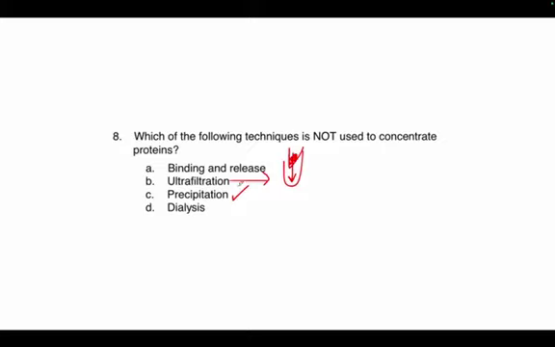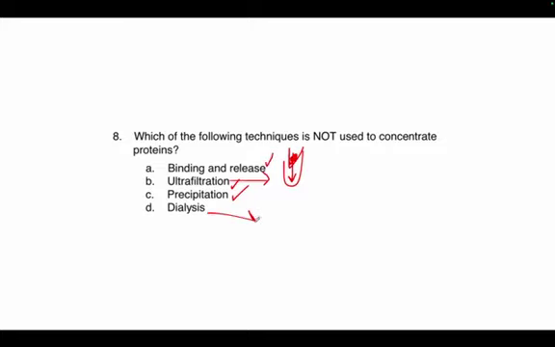So this is commonly used to concentrate proteins. Binding and release, same deal, right? When you do affinity chromatography, think about it. When you do affinity chromatography, you will pass a large amount of volume through this column, right? But you'll elute it in a small amount of liquid. So this is also going to concentrate your protein.